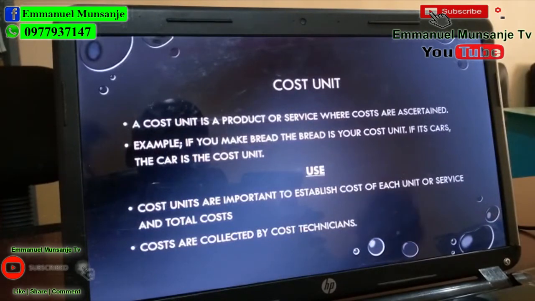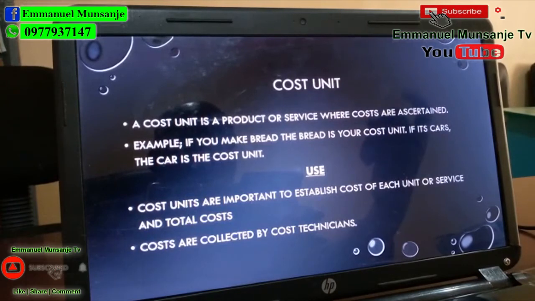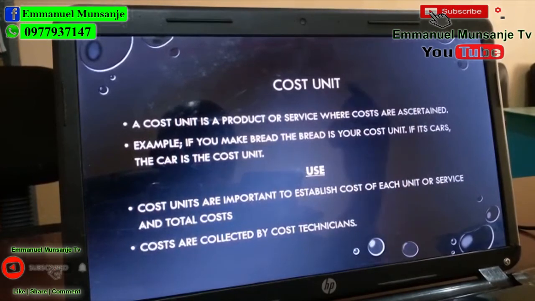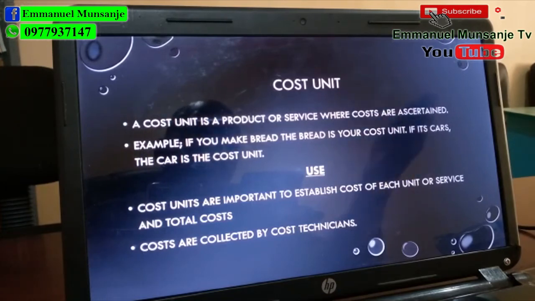Cost unit. A cost unit is an item which carries all components of costs. If you are making bread, bread itself is a cost unit, because within bread you incurred various kinds of costs. If you are making cars, a car is a cost unit, because for that one item, you can actually see what you spent to come up with that product.